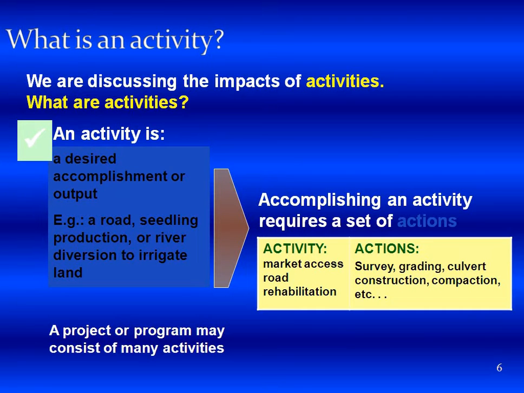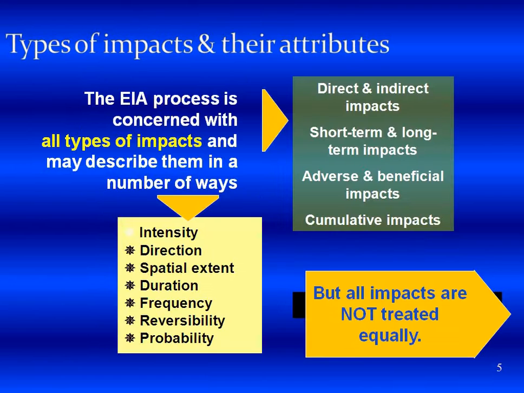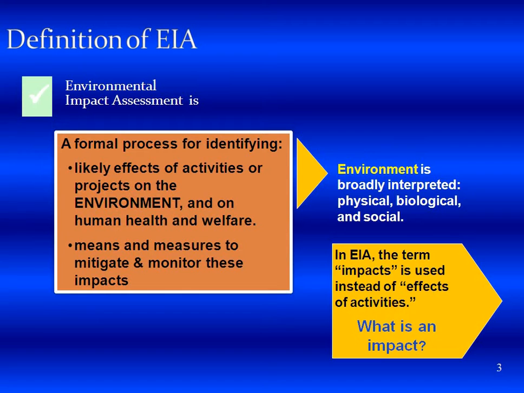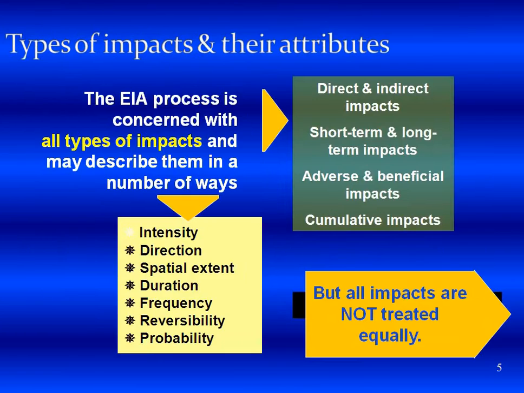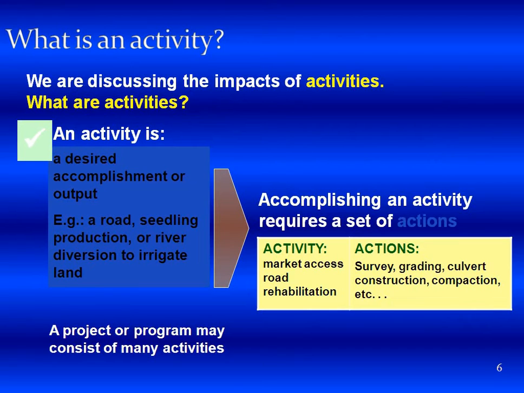Now, since we have a bunch of activities, the first definition we are talking about is the likely effects of activities. So, what is an activity in EIA? An activity is a desired accomplishment of output.